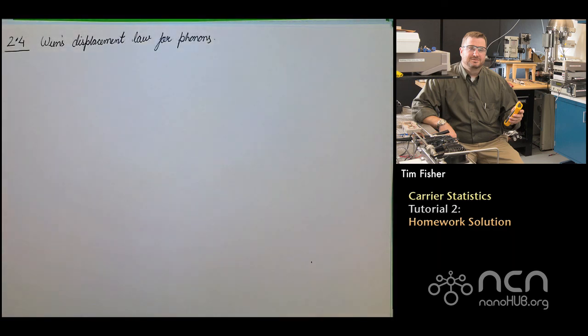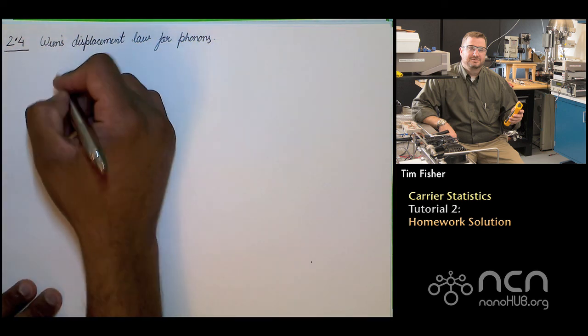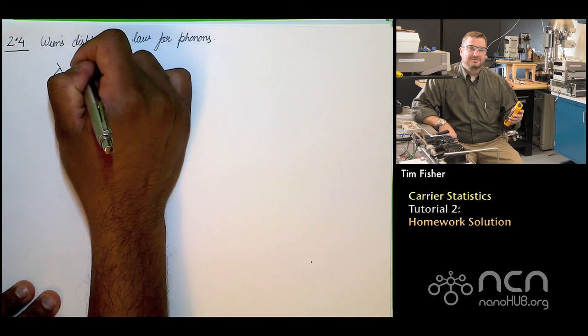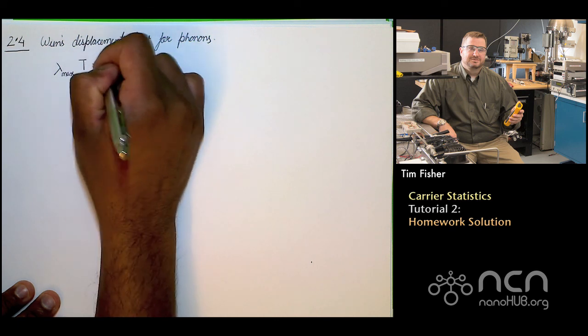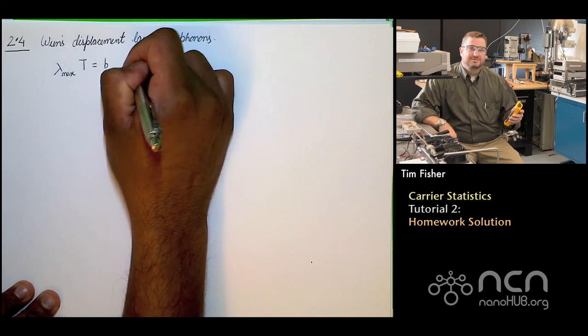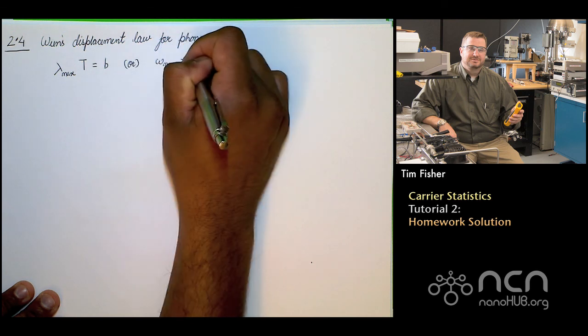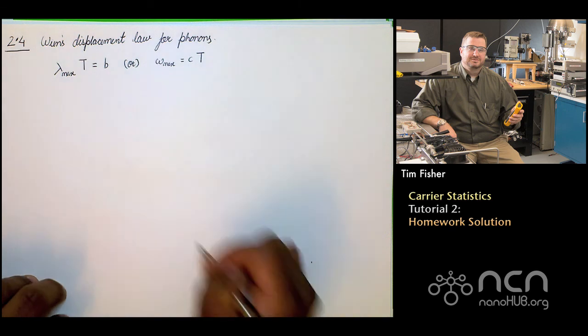All right. In the 4th problem, we will derive Wien's displacement law type of relation for phonons. Now for black body radiation for photons, we know that the solution to the spectral energy density results in the Wien's displacement law, which states that lambda max multiplied by temperature equals B, or equivalently omega max equals C multiplied by temperature.